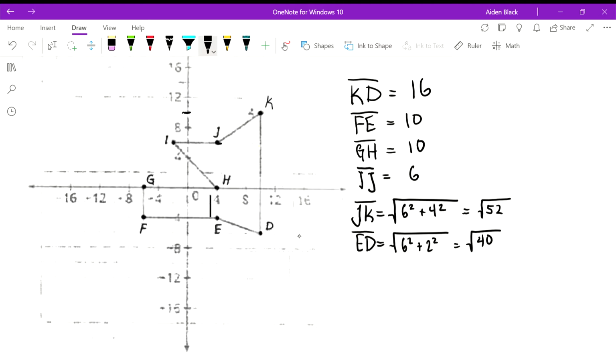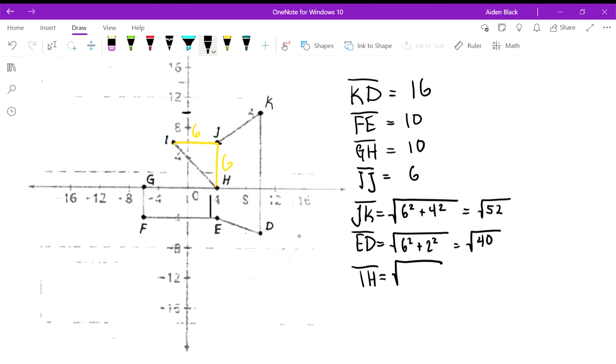So we got KD, ED, JK, this one, this one, this one, this one, but we still need this one, IH. So IH is equal to the square root of, this is 2, 4, 6, so 6, and this is 2, 4, 6, 6.